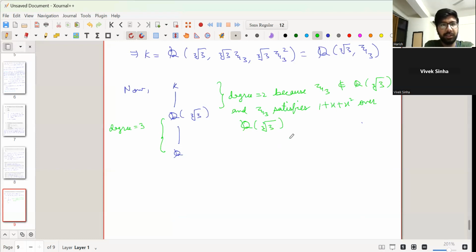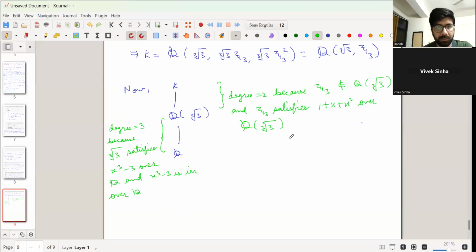The degree is 3 because this satisfies x cube minus 3 over Q, and x cube minus 3 is also irreducible over Q. Why? Can you tell me why it is irreducible? Eisenstein criterion.